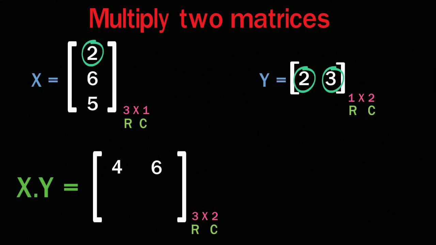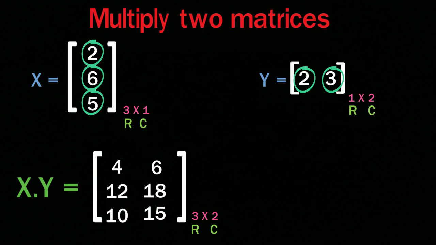And for the second row, we use 6 multiplied with 2, which is 12. 6 multiplied with 3, 18. And for the third row, 5 multiplied with 2 is 10. And 5 multiplied with 3 is 15.